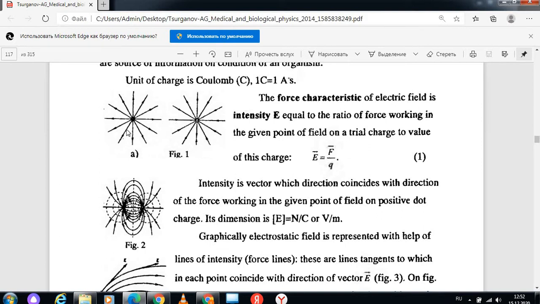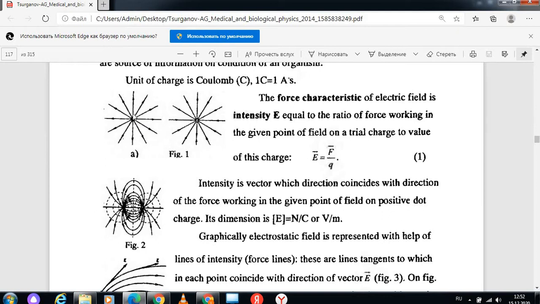Yes, and we have a variant of some point charge, some special type of charge which has a sign.